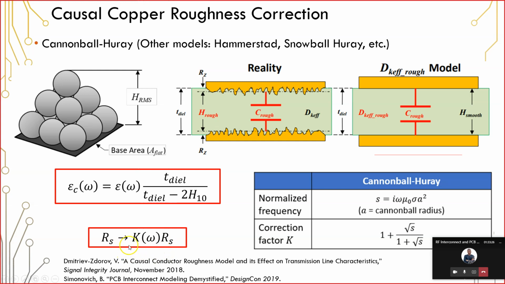Other tools like Simbeor also include a roughness correction tool in their simulator. Or you can do it by hand, and there are different models that you can use to calculate the roughness correction factor by hand. Essentially, the function of this roughness correction factor is to multiply onto the skin effect resistance. The skin effect resistance you can get from online calculators, and it increases the skin effect resistance.